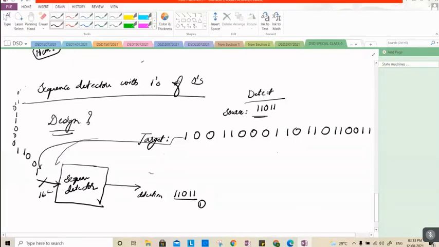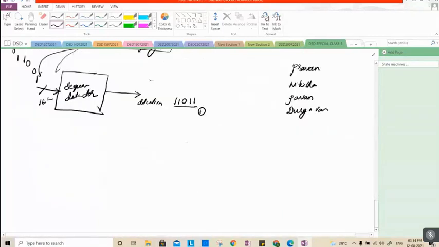Right? We gave an example: Praveen, next Nikita, next Pavan, next Durga Vasu. Right, 4 members are entering. This is my sequence detector or pattern detector or image detector or something else.